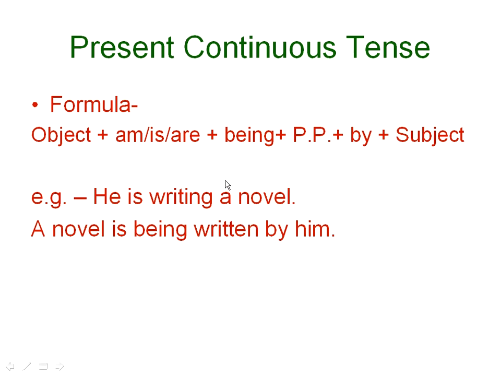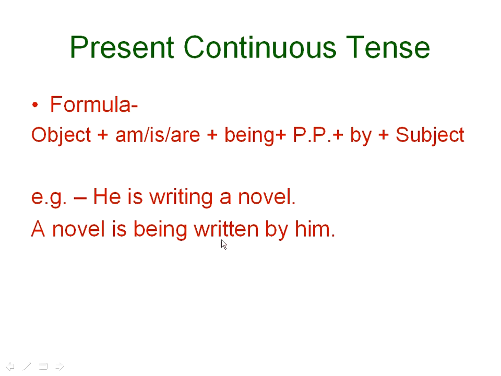When the sentence is in present continuous tense, we have to use being after the to be forms, or helping verbs. So we use being before the past participle of the verb.